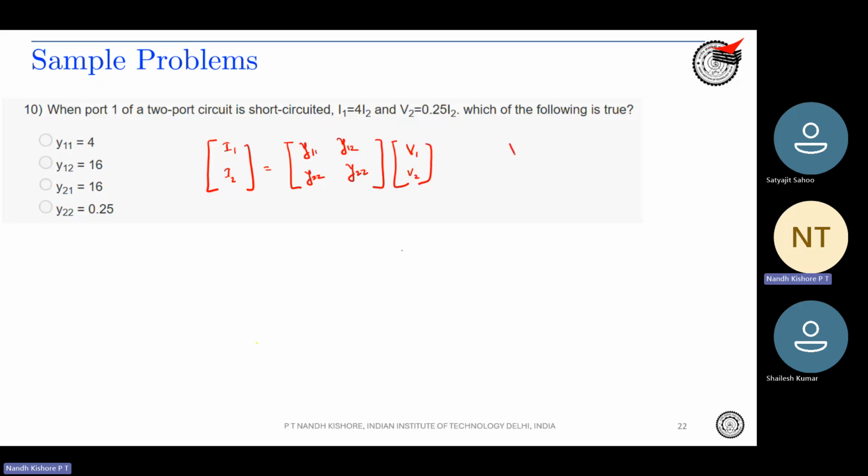Port 1 is short circuited, so V1 is basically 0, right? So you can write I1 is equal to Y12 V2, okay? And you also write that I2 is equal to Y22 V2, right?